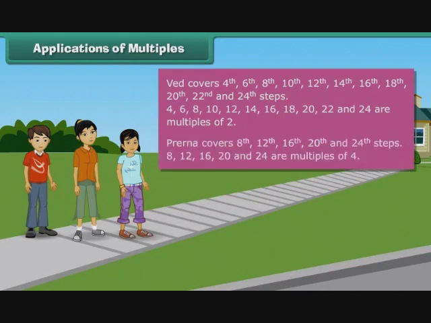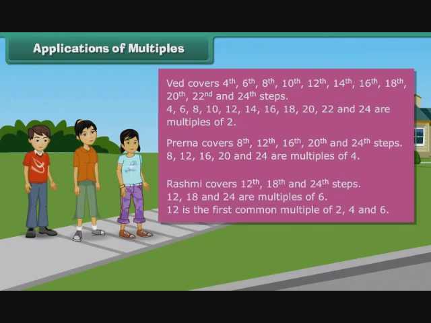Prerna covers 8th, 12th, 16th, 20th and 24th steps. 8, 12, 16, 20 and 24 are multiples of 4. Rashmi covers 12th, 18th and 24th steps. 12, 18 and 24 are multiples of 6.